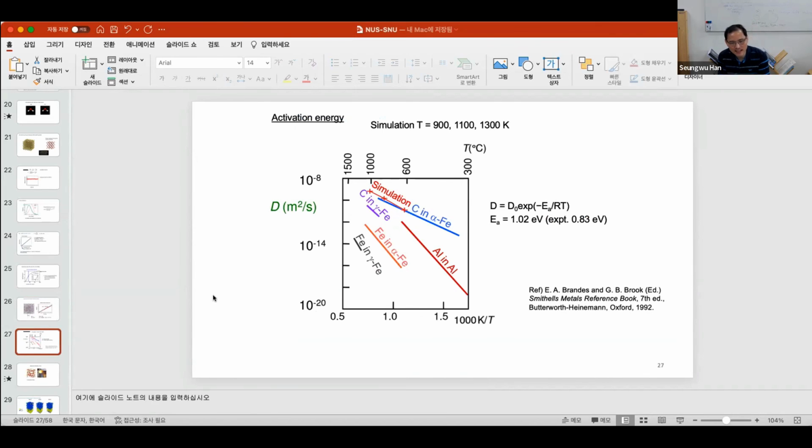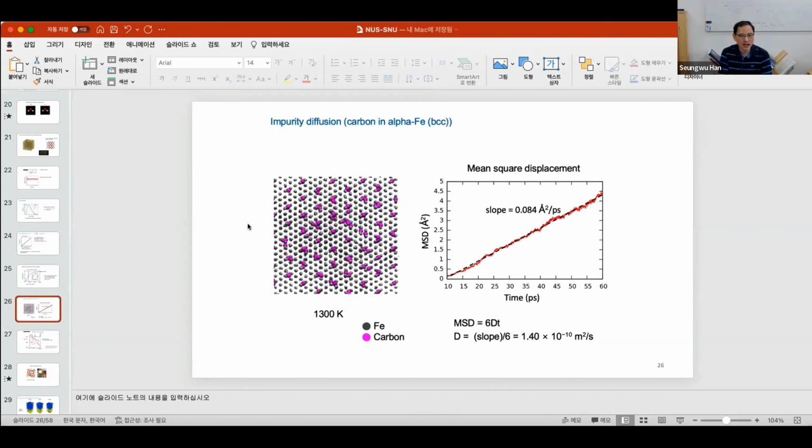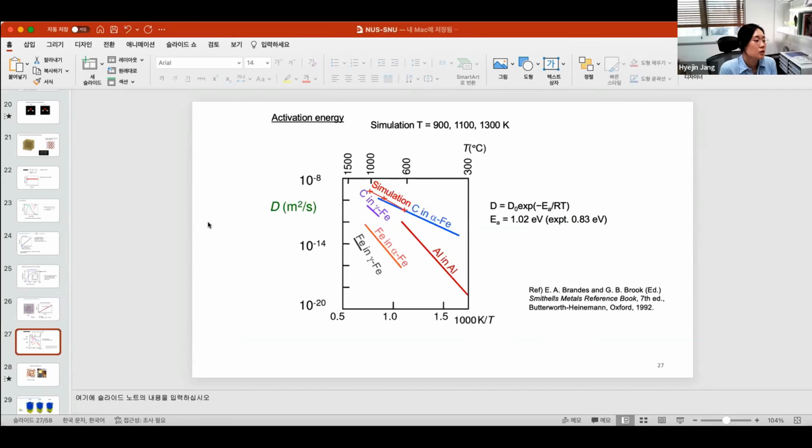But I think this amount of deviation should be blamed on the inaccuracy in the classical potential for the iron and carbon system. Okay, right, but usually it is true that MD simulation and experiment agree better at high temperature.